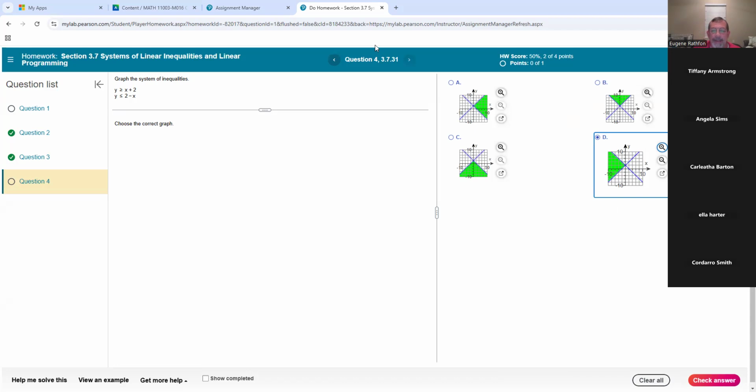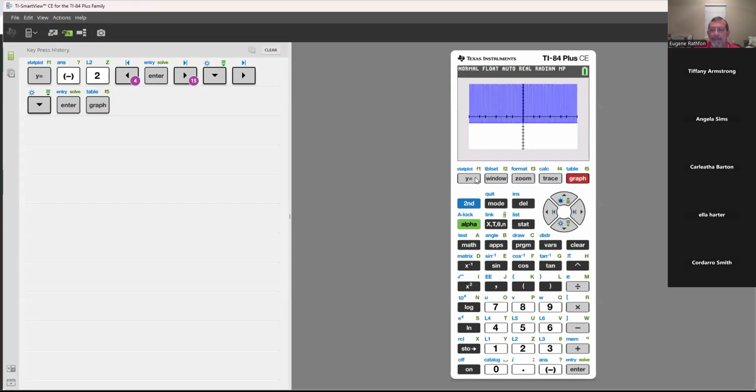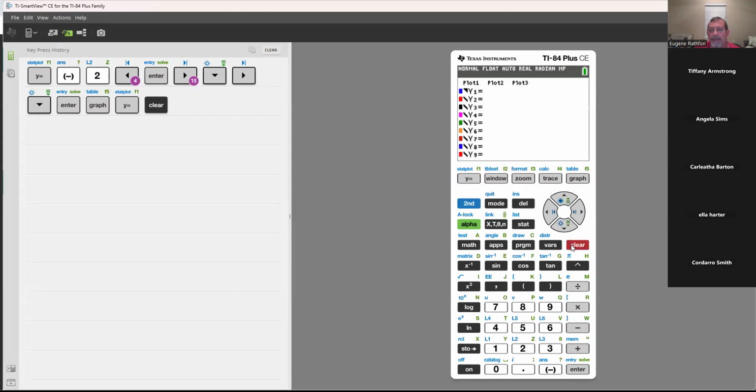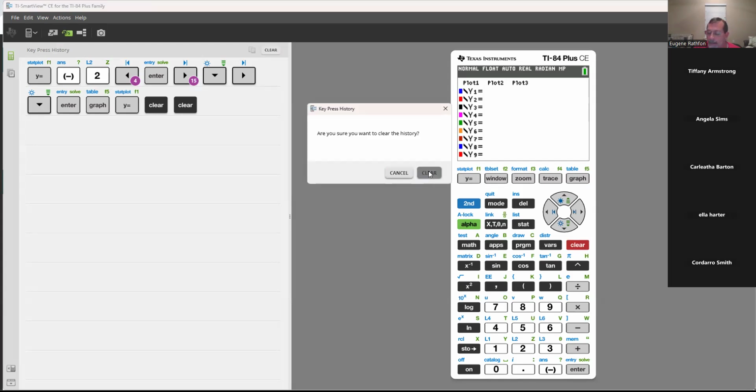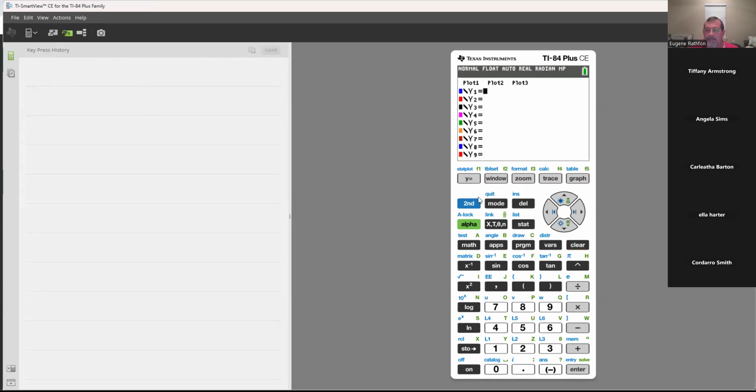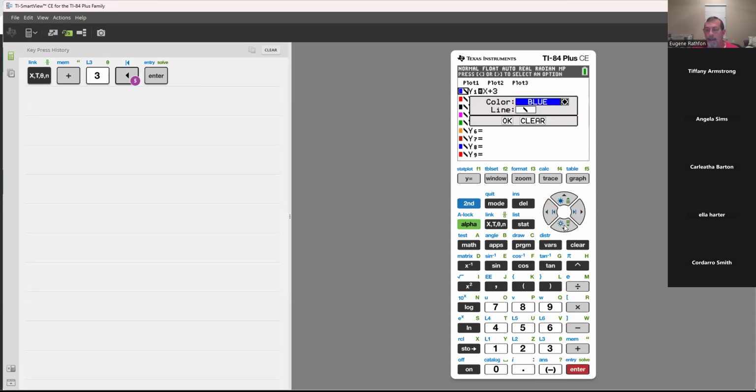All right, watch this on the calculator. It's pretty nice on your calculator. So let me clear these both off. So y'all, my first equation, x plus 3, arrow left, and it's shaded above. So I'll do blue, and then I'll come down here and make that triangle above, and then okay.